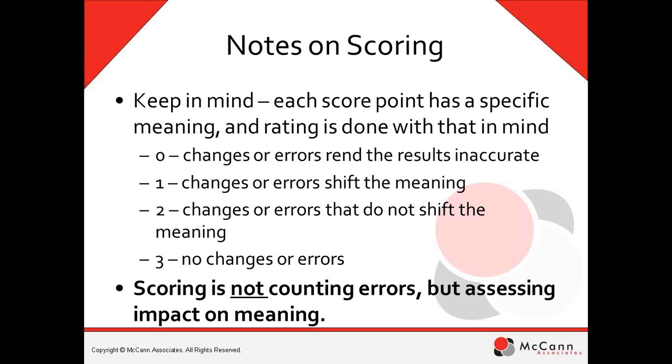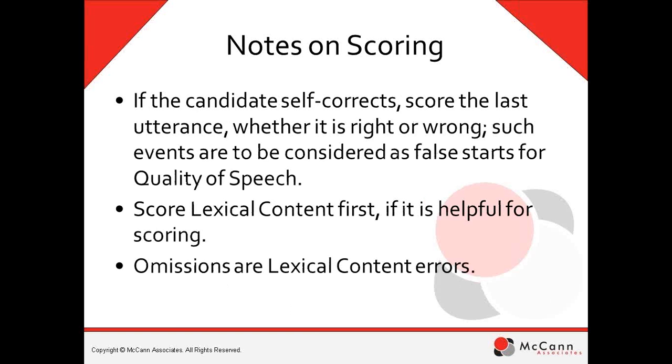And always keep in mind that scoring is not a matter of counting errors, but rather of assessing the impact of the errors, if they occur, on the overall meaning. A couple of other items to keep in mind with scoring. If during your rating a candidate self-corrects, score the last utterance, regardless of whether it's right or wrong.